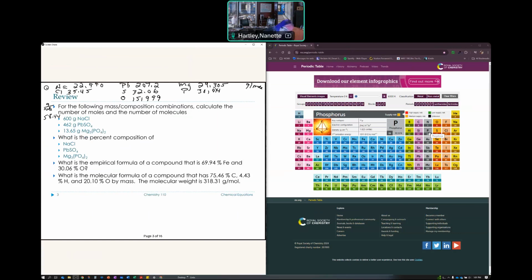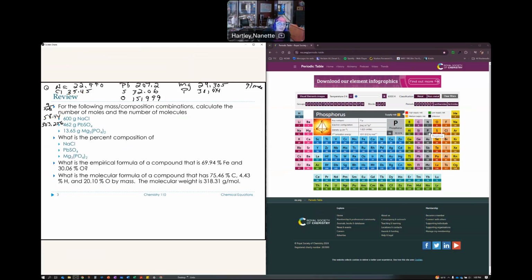Our PbSO4, 207.2 plus 32.06 plus 4 times the 15.999 gives me 303.256. And my NaCl I'm going to leave as 58.44 because since my Cl only has 2 decimal places, I don't know it any more than that.